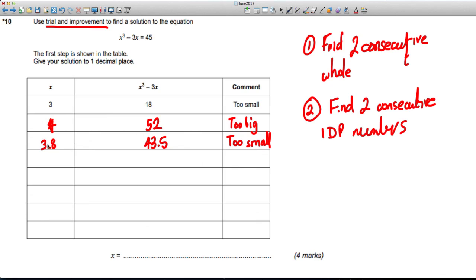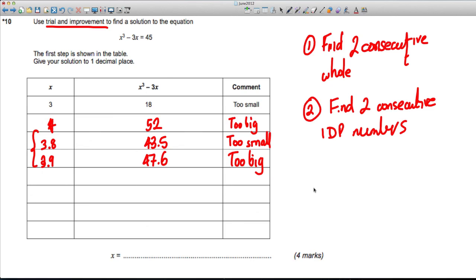Okay, so it must be between 3.8 and 4. We must go for 3.9 there. When we put in 3.9, we get 47.6, and that's too big. So therefore we know it's between the one that's too small and the one that's too big. These two consecutive decimals, it's between those.